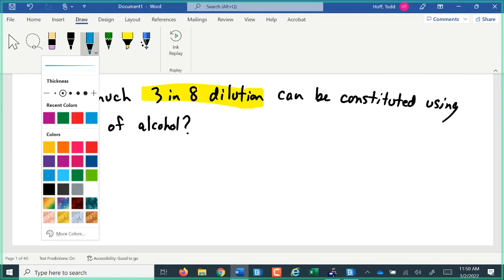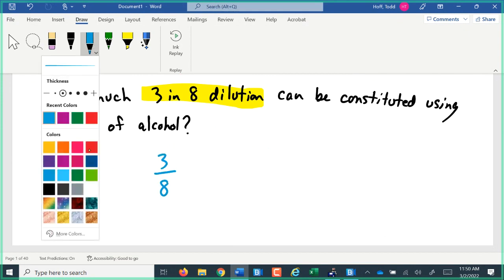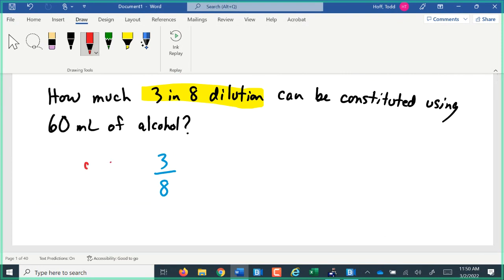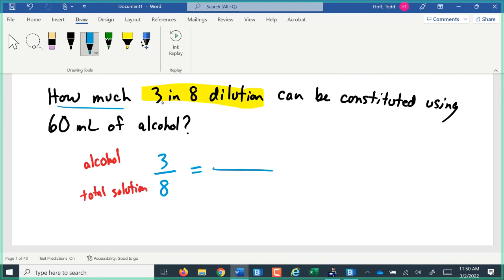So once again, I'll write down my dilution ratio, 3 to 8. And once again, I'm going to label it so I know what it represents. The 3 represents the parts of alcohol. 8 is the total parts of solution. Now on the other side over here, I'm looking for how much of that dilution.